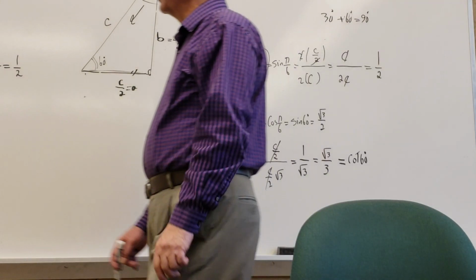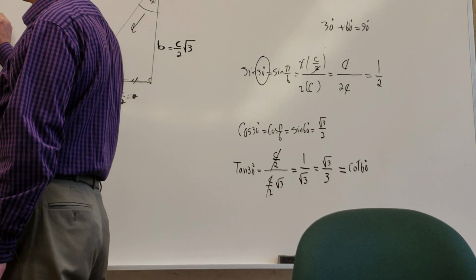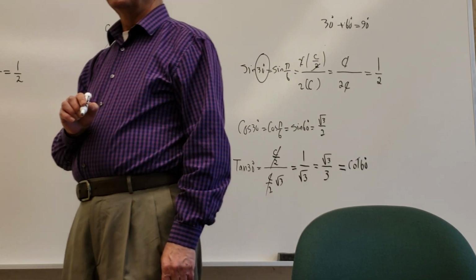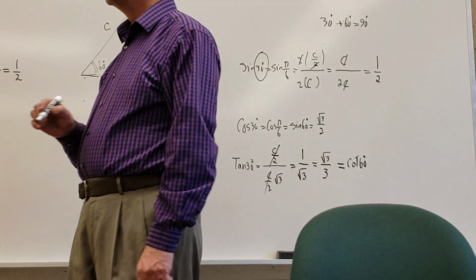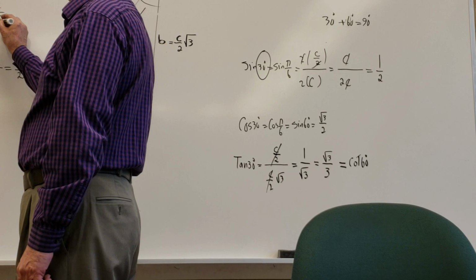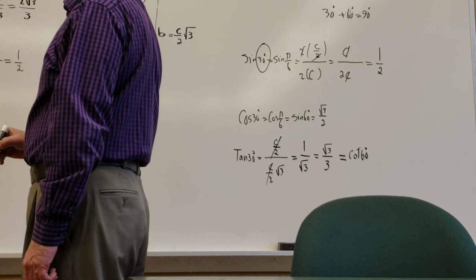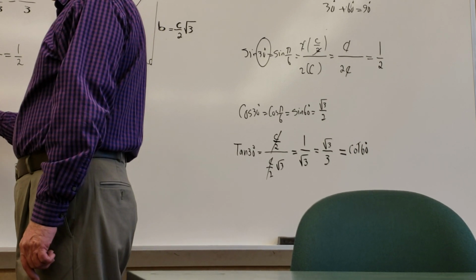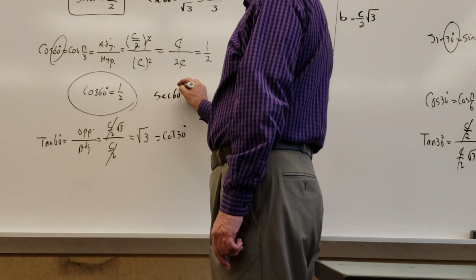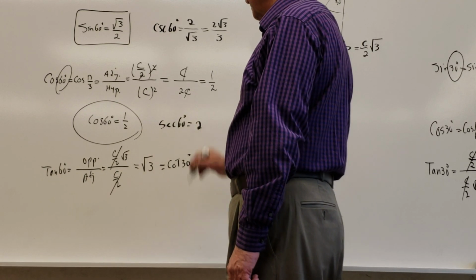But now that I know this, what happens if I want cosecant of 60? I'm curious. What do I have to do? Flip it. So it becomes 2 over what? Of course, you have to rationalize it. What happens if I want secant of 60? Flip this one. It gives you what? 2.